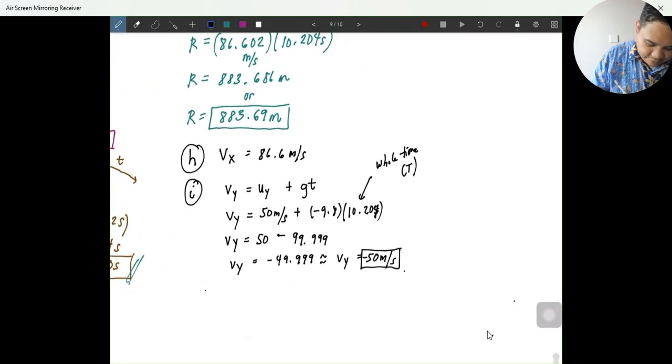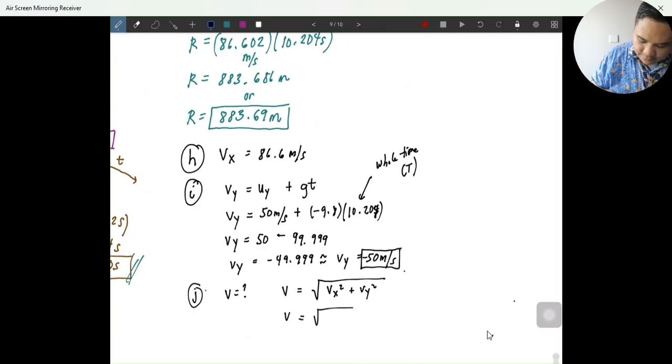Now, how about for the letter J? What is the final velocity? So for letter J, we're looking for V. And we all know that we have here the V, which is equal to the Pythagorean theorem, which is Vx square plus Vy square.